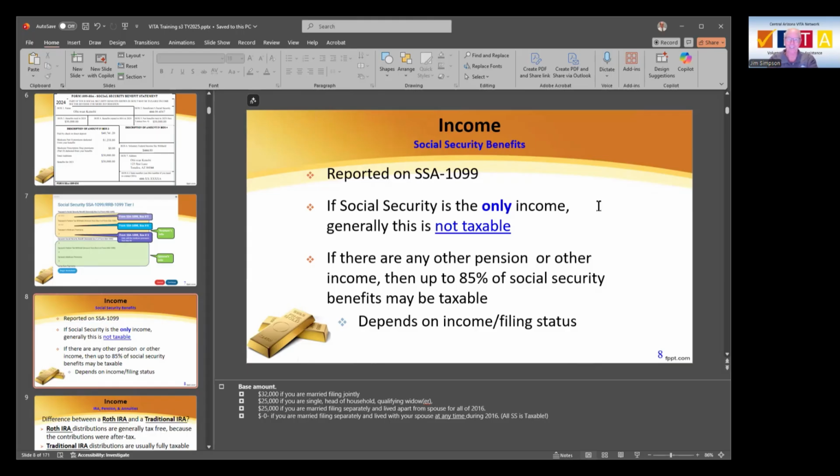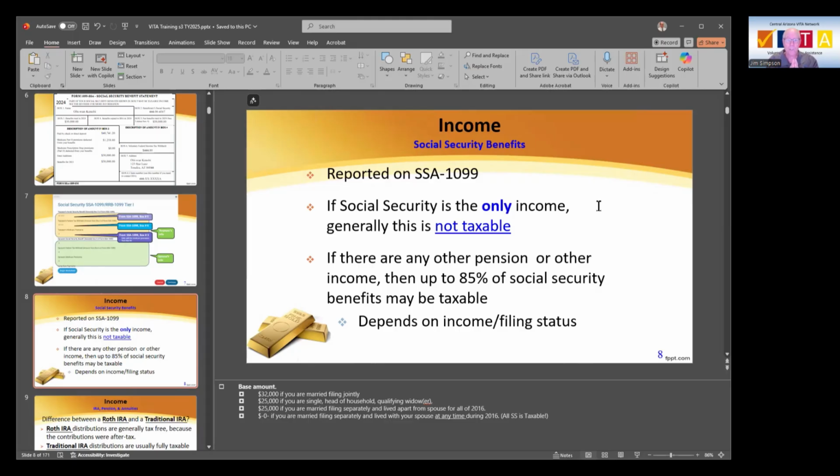Well, yes, it is. Okay. What they did is they gave an additional $6,000 exemption to help offset the Social Security tax. Nothing changed about the taxability of Social Security. So when is it taxable? Well, first of all, if your only income is Social Security, it's never taxable.